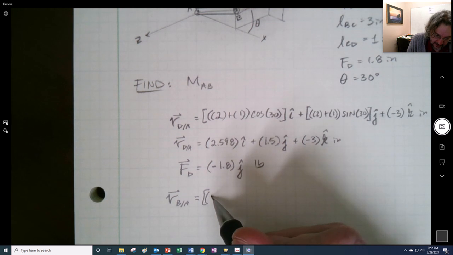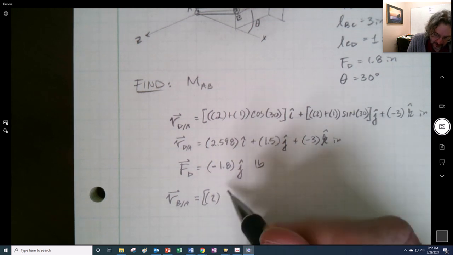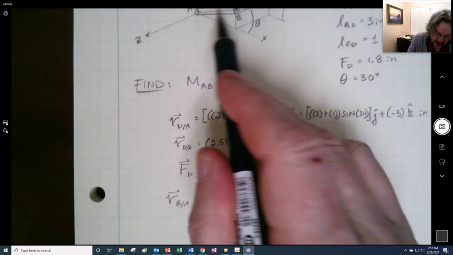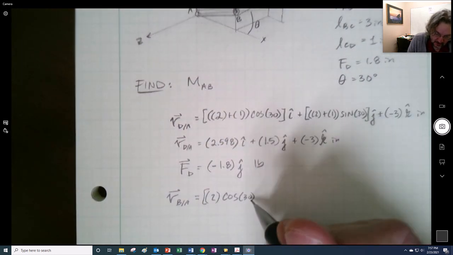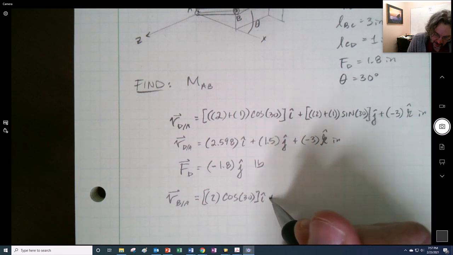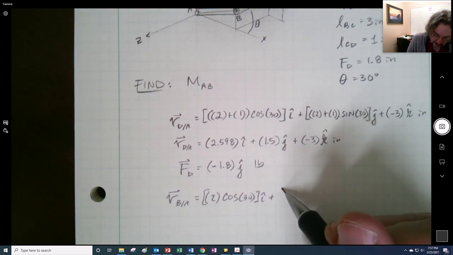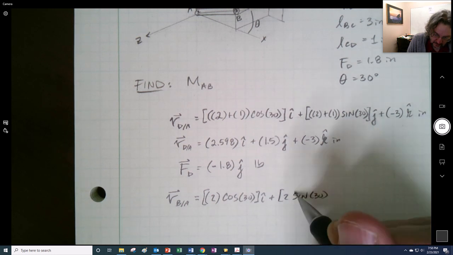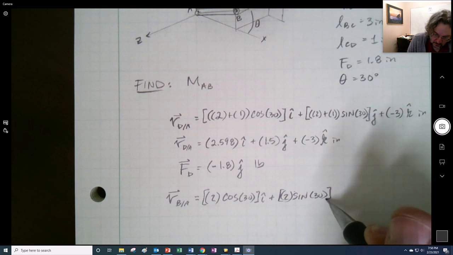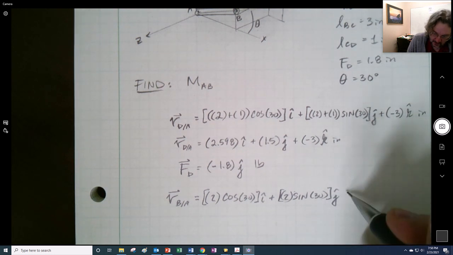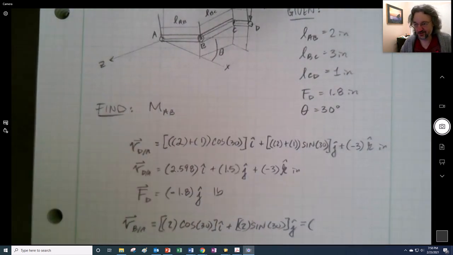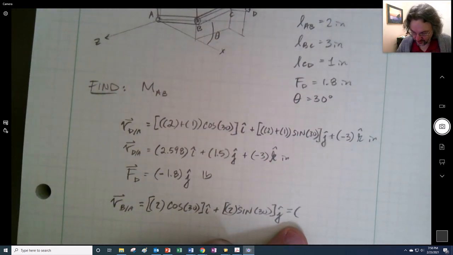So we're going to take 2 and the cosine of 30, right? That gets there in the horizontal direction. i plus, we're going to take 2 times the sine of 30, j, and that's going to equal, and this is all kind of weird, we'll see in a second what I mean by that.